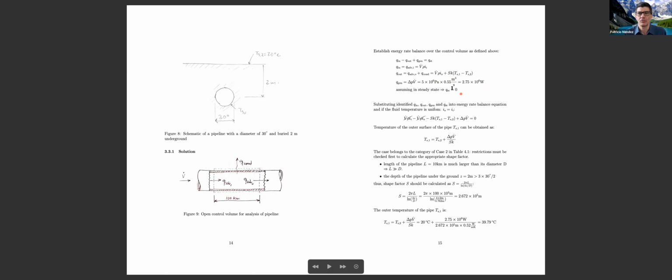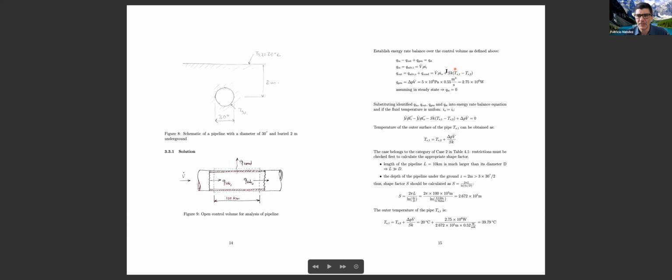We are going to assume we're in steady state, so the Q stored is going to be 0 because things don't change with time. So I grab all these that we have calculated based on our knowledge of the first week of class. Up to here is first week of class.